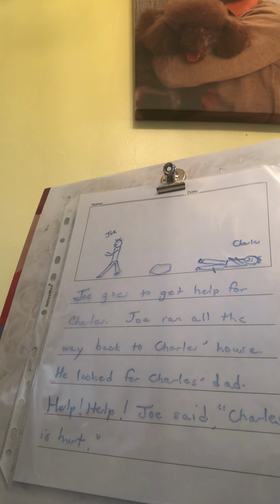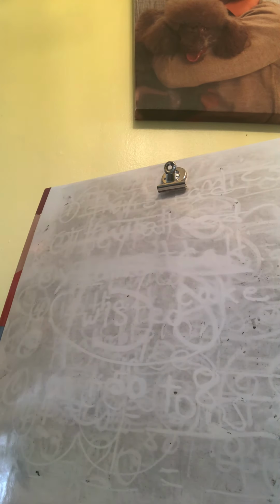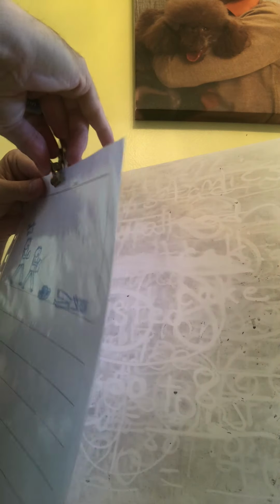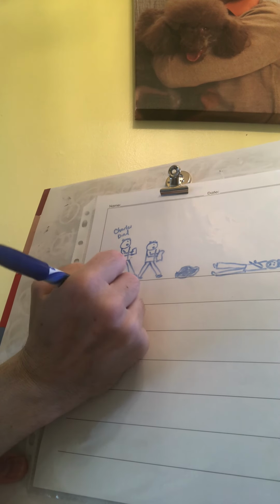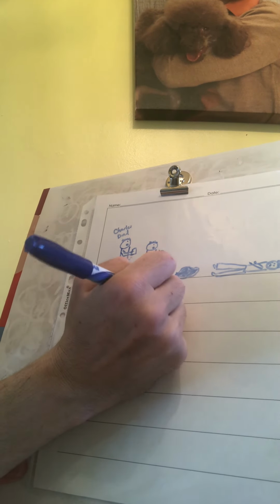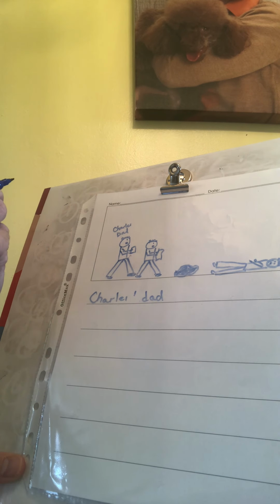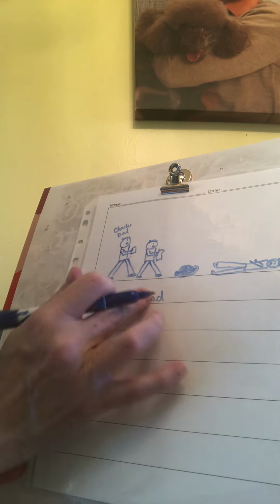And then on the last page, what is the dad going to do? He'll probably come back with Joe to help Charles, right? So on the last page, I might say, Charles's dad... Now let me start over.